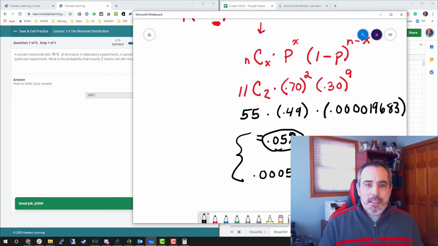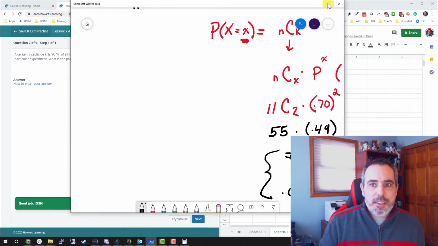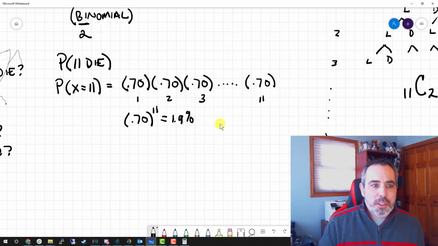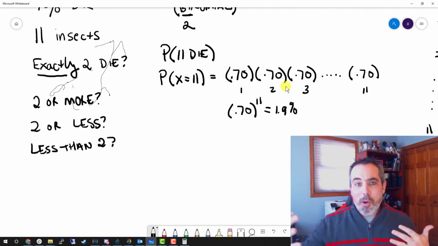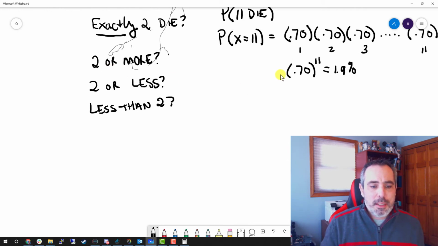All right, let's take a look at some of these other problems that I had written over here, because this is where you're going to want a binomial distribution calculator, as if you didn't want one already for that. What if I wanted to find the probability that 2 or more die, right? Notice the or statement in there.